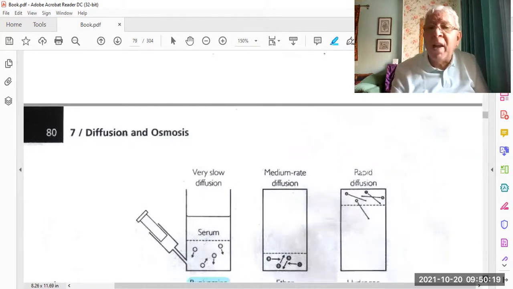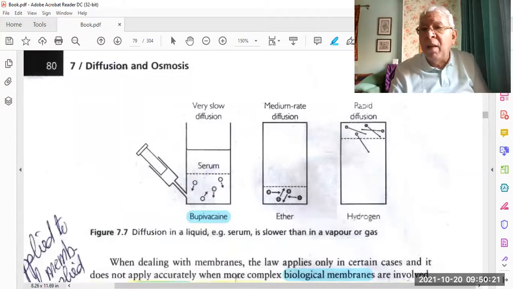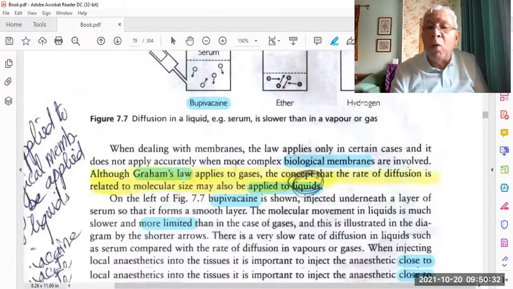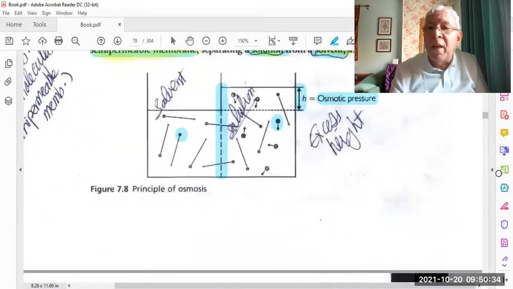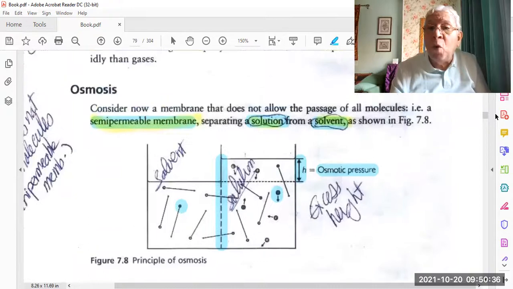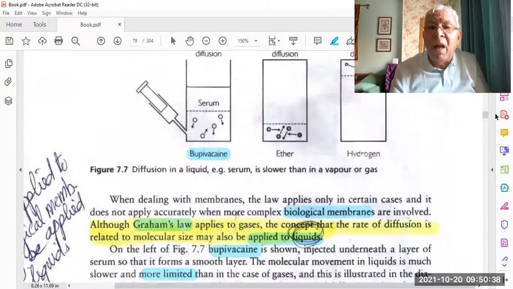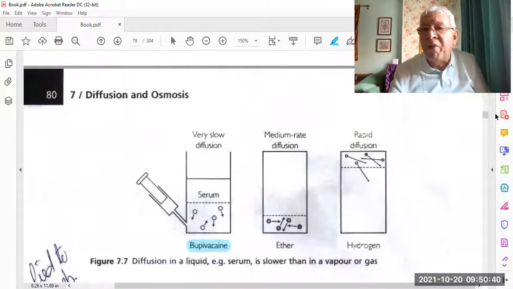But on the other hand, this is not correct through a complex biological membrane, where carbon dioxide is more dissolved in water, so it diffuses more, though its molecular weight is much higher. You see the other point, that the diffusion of liquids is different from the diffusion of gases.